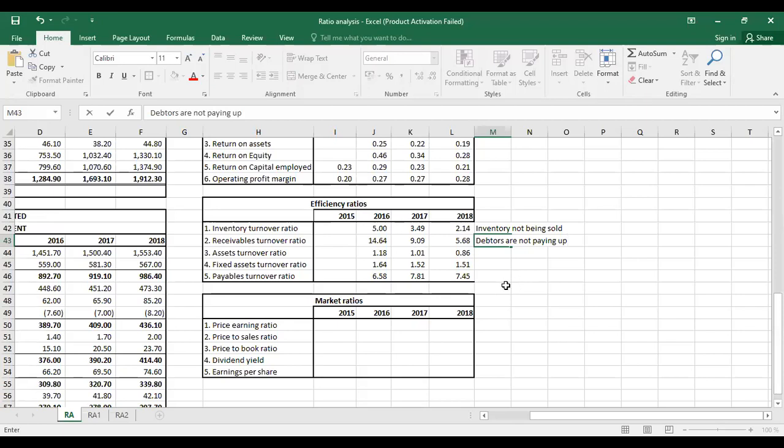Then I think that is what I wanted to say. Then we have our payables turnover. It means we are paying our suppliers on time.